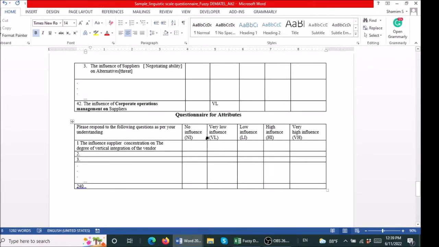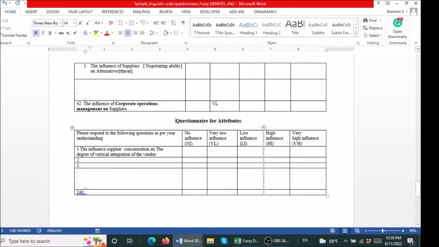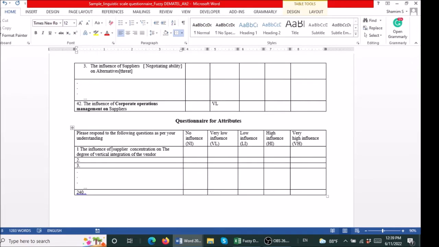So coming to the questionnaire for attributes. We have 16 attributes, and 16 attributes generate 240 separate questions. For example, the first one, the influence of supplier concentration on the degree of vertical integration of the vendor.